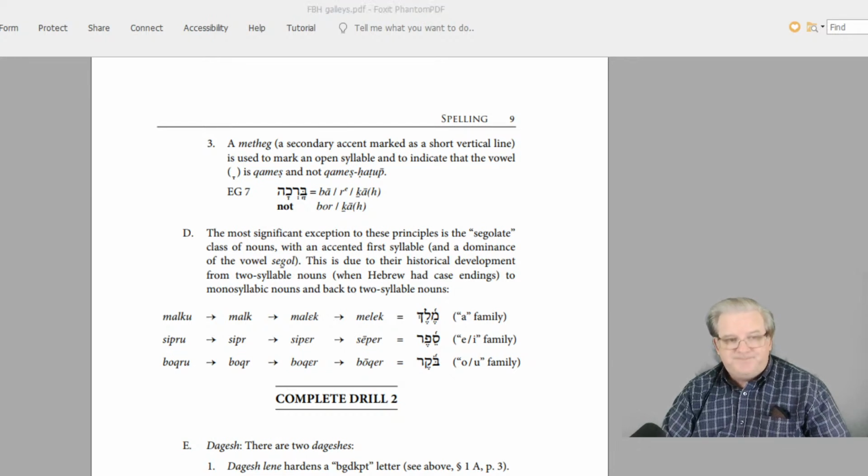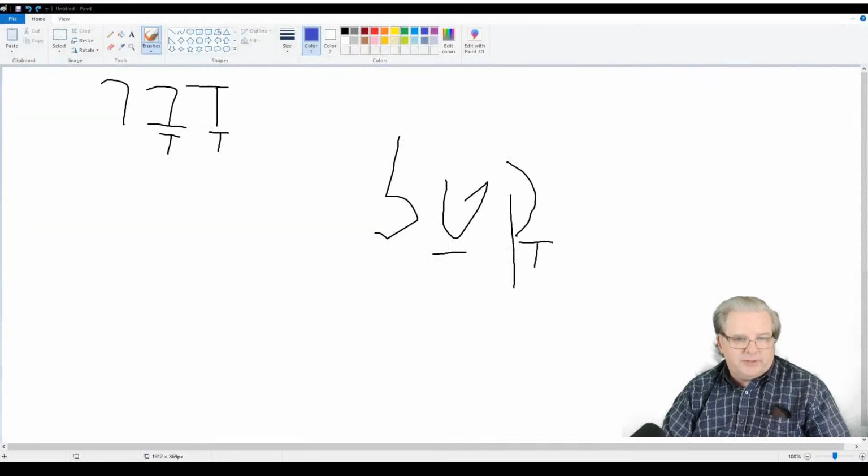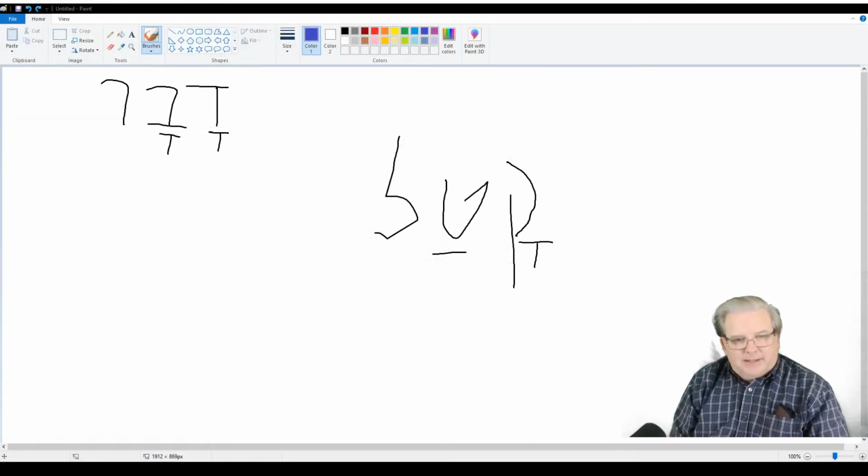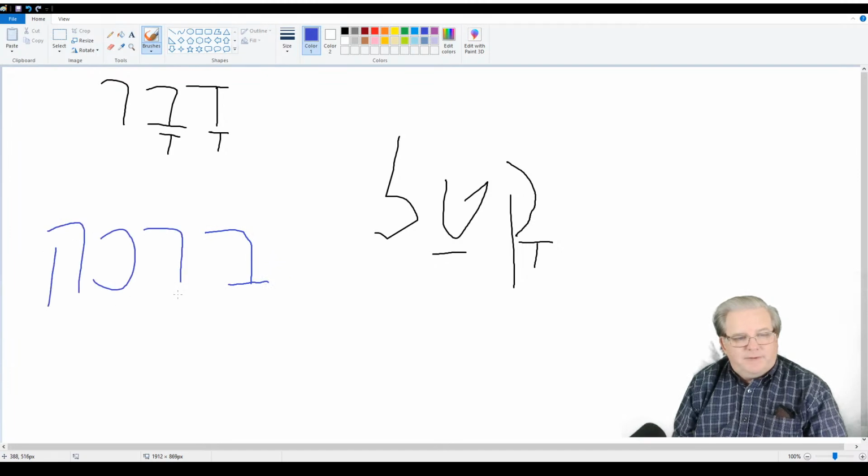Switching back over to our drawing screen. To use that example, the Barakah example, let's take a look here. I'm drawing in a different color for distinction. Okay, let's get our stuff in place here.